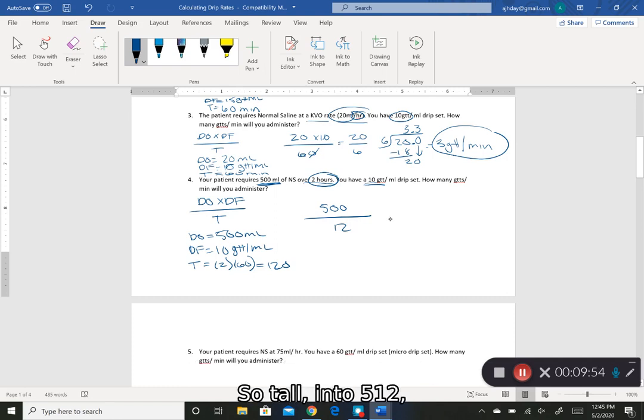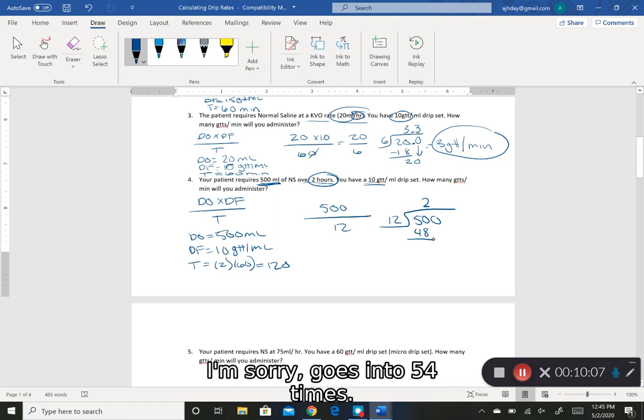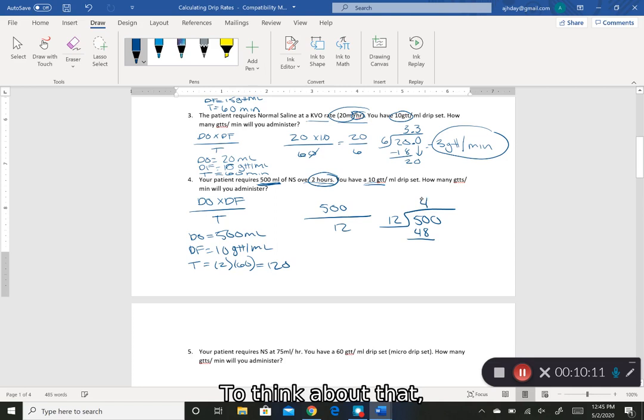So 12 into 500. 12 goes into 50 4 times. I had to think about that. I was like, that doesn't look right. Which equals 48.